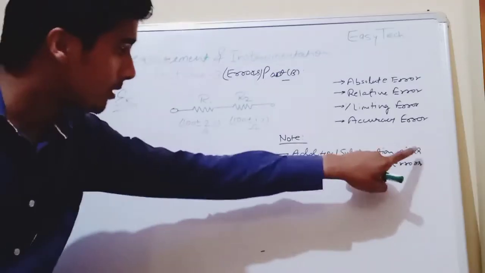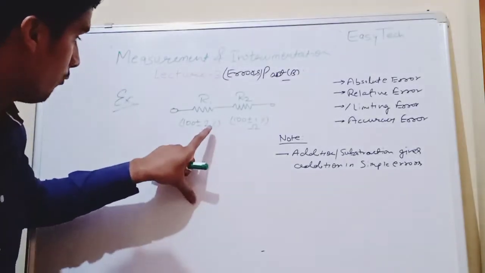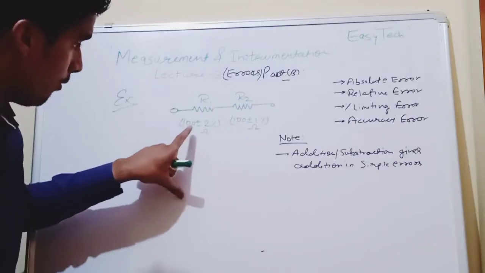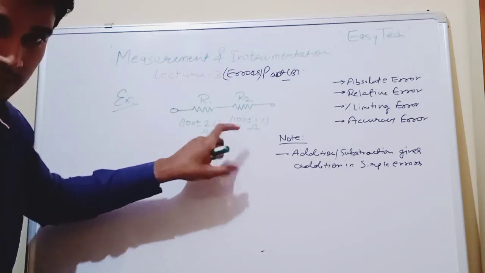Please take a note: addition or subtraction gives addition in simple errors. The plus minus 2% is the percentage limiting error for this resistance, and this is the percentage limiting error for the other resistance.